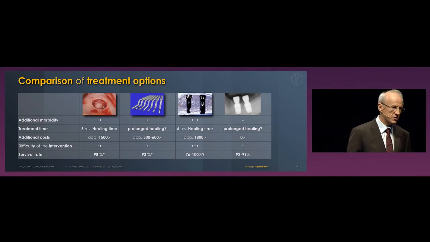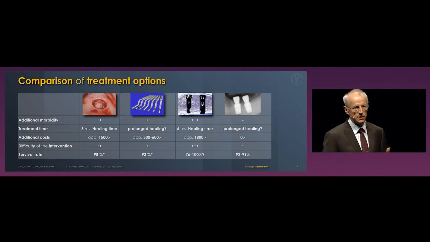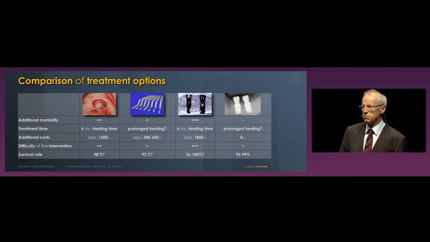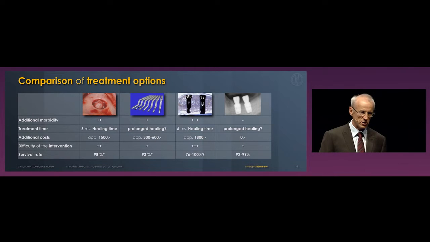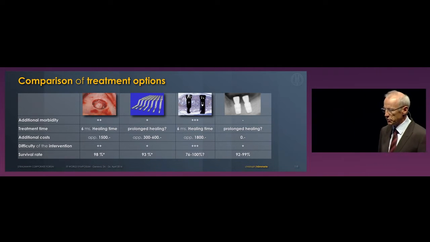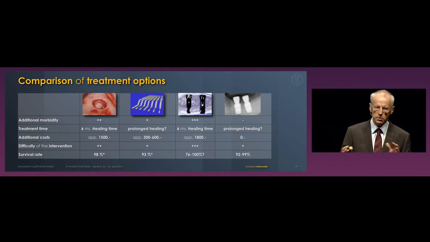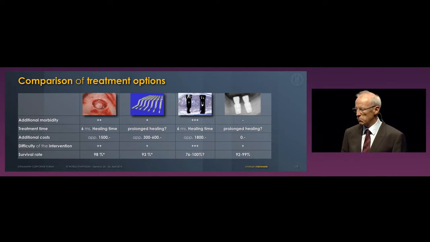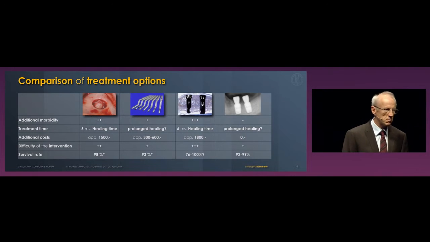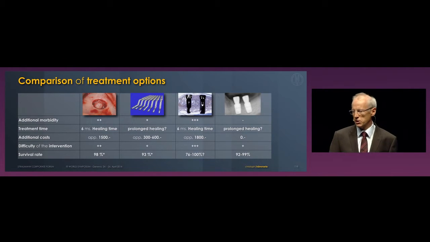Then additional costs. A short implant is a cost-effective type of therapy. These are Swiss francs, so it ranges from 300 to 600 up to 1,800 francs additional, just because of the additional procedures. The difficulty of the intervention, I think osteotome and short implants are maybe similar, but the other two are clearly more difficult clinical interventions.